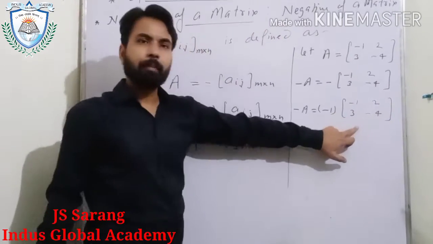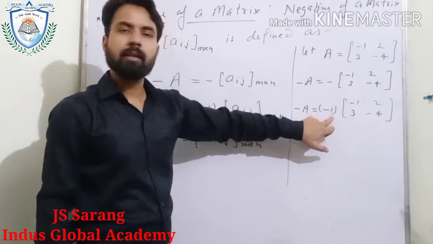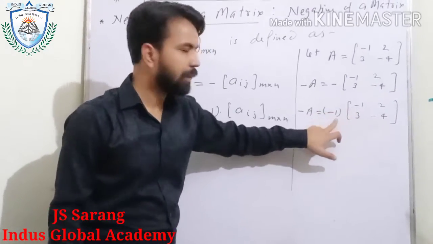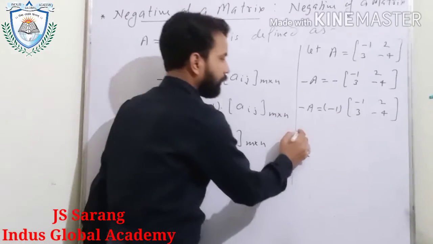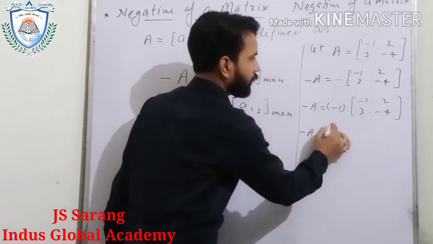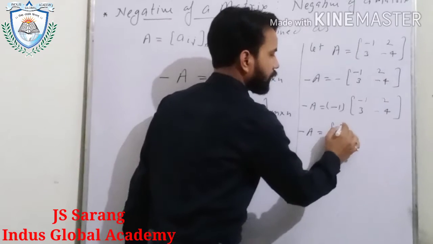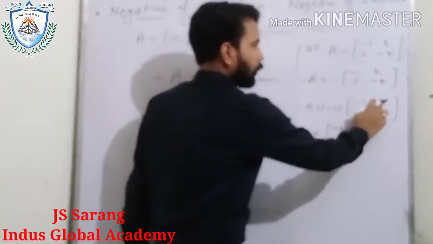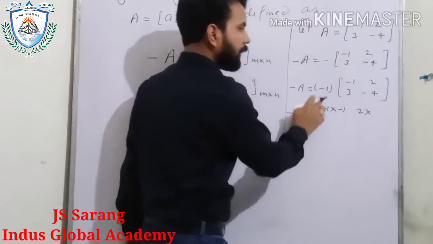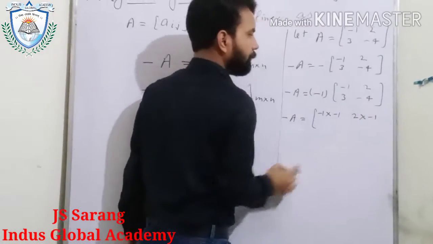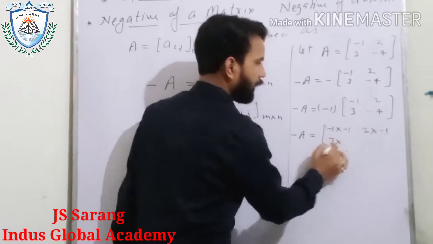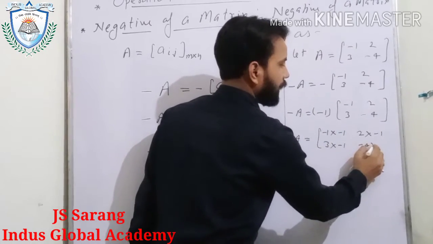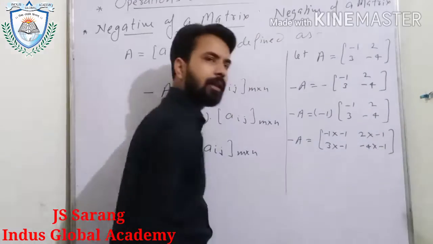Now this is a matrix and it is multiplied by a scalar. So each and every element of this matrix is multiplied by that scalar. So it will be minus A equal to minus 1 multiplied by this scalar, that is minus 1. 2 multiplied by scalar minus 1. 3 multiplied by this scalar, minus 1, and this minus 4 multiplied by scalar minus 1.